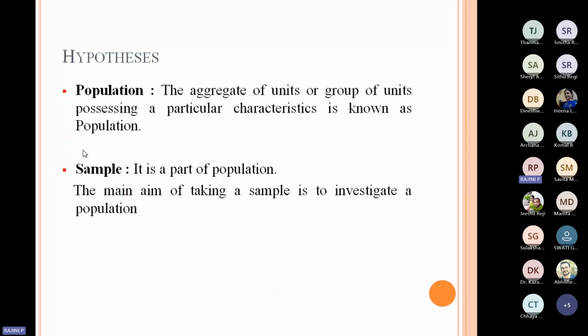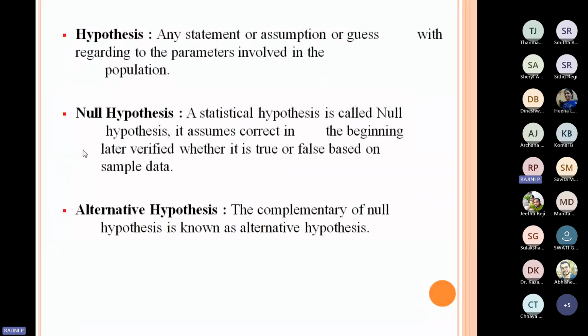Next, sample. A sample is a part of the population. What is the use of selecting a sample? Through the sample, you are investigating the population. So to investigate the population, we go for a sample. Next, the hypothesis, which is very important.